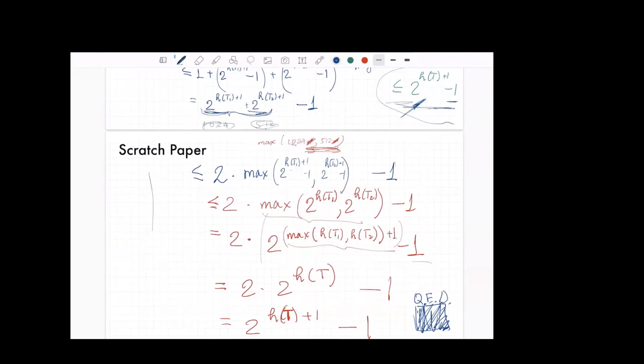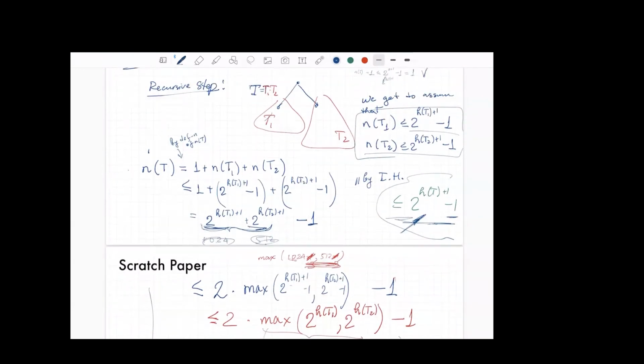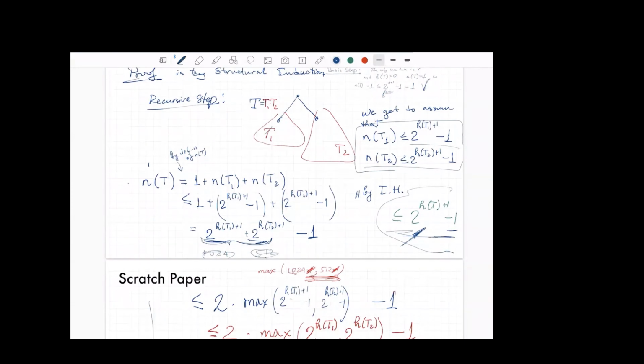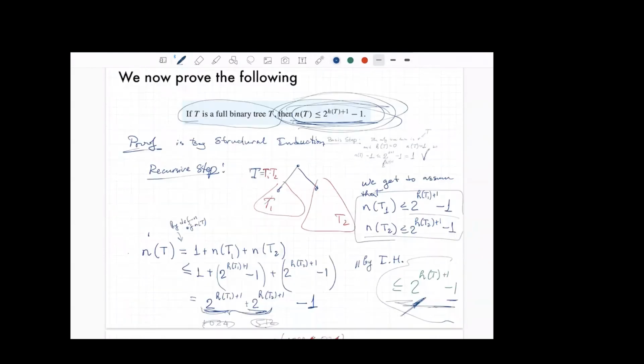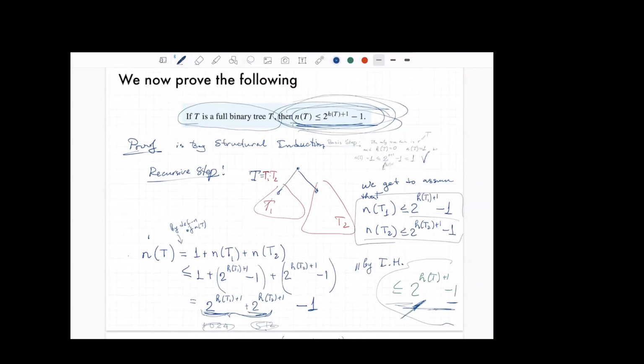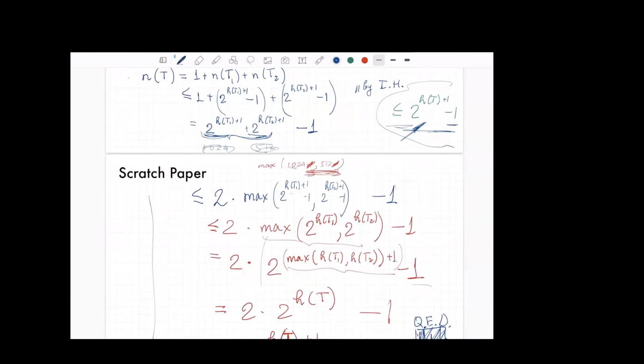I mean, it involved a few steps, but this is how you carry out proofs by structural induction. These are recursively generated structures, and then you have these things that need to be proven about that structure, about those full trees: that the number of nodes in a full binary tree can be at most this quantity that depends on its height. It can't be bigger. And this is a nice proof of it. Okay, so any questions?